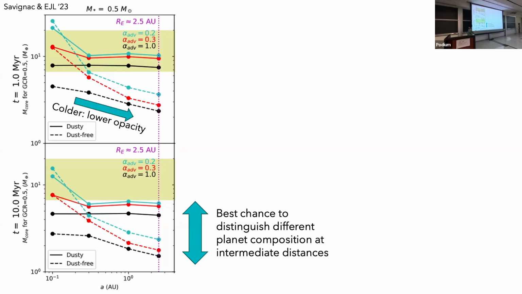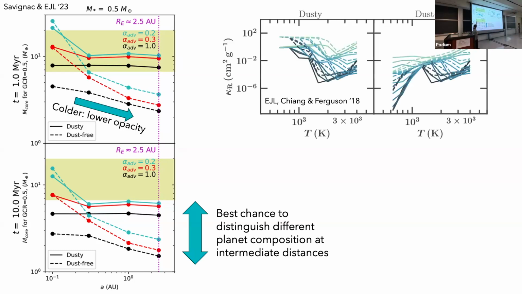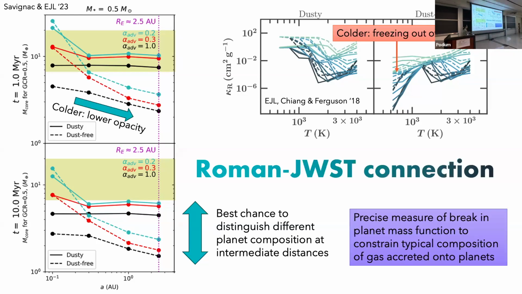And that is because for the dust-free scenario, it's limited by the molecular opacities, and the internal modes freeze out at colder temperatures. So you're going to have lower opacities farther out from the star. That means if you can have a precise measure of this break in the planet mass function, we can actually constrain the typical chemical composition of the material that the planet would accrete.